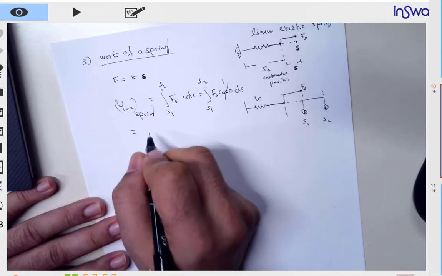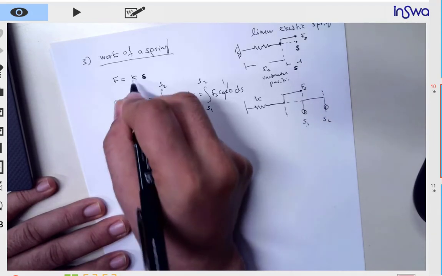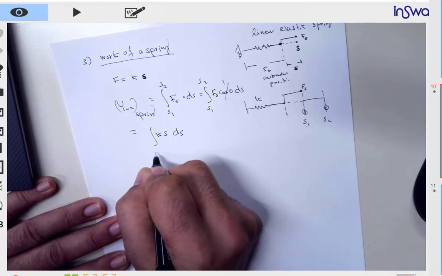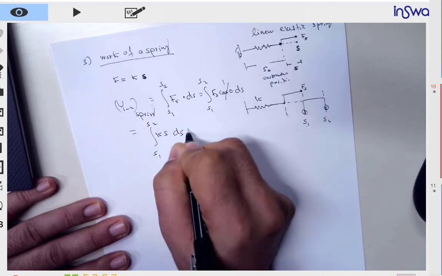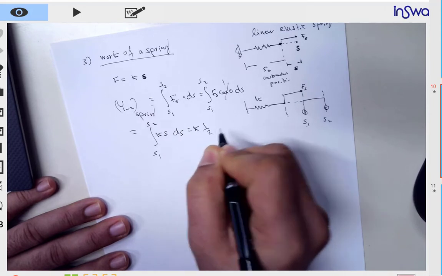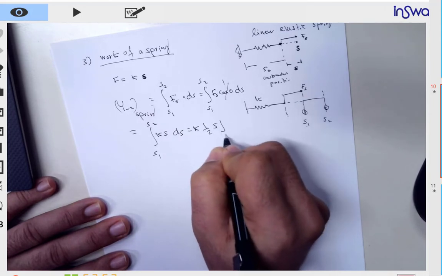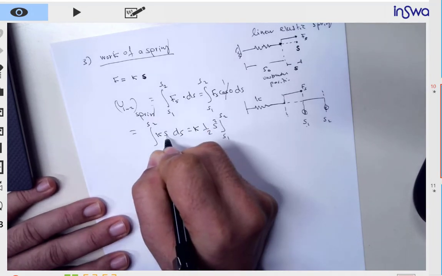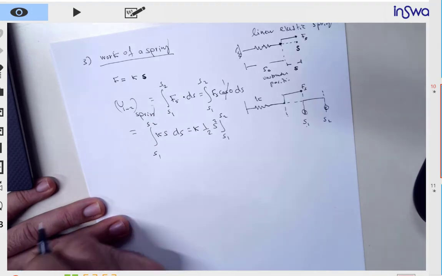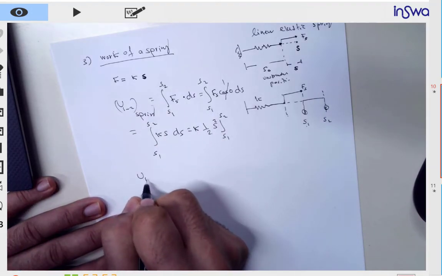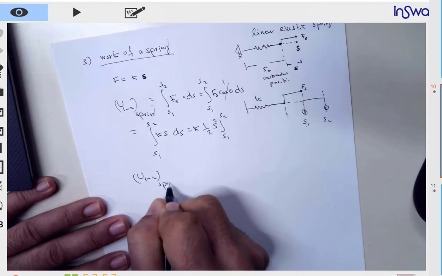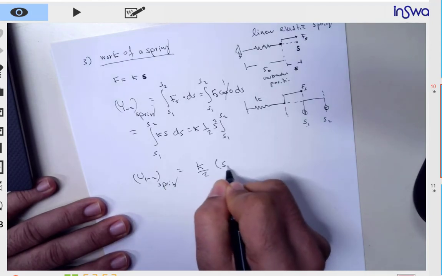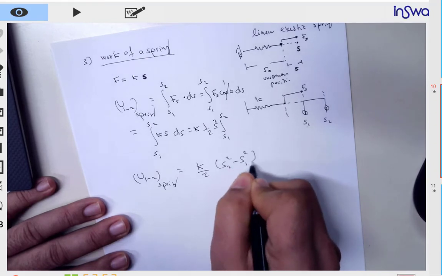This is equal to, now I substitute the Fs value, which is Ks ds, from S1 to S2, and this is equal to K half S squared from S1 to S2. So the integration of S is half S squared, and then you substitute, so the work from 1 to 2 of the spring is equal to, and I'll explain what that means, half K (S2 squared minus S1 squared). Okay.